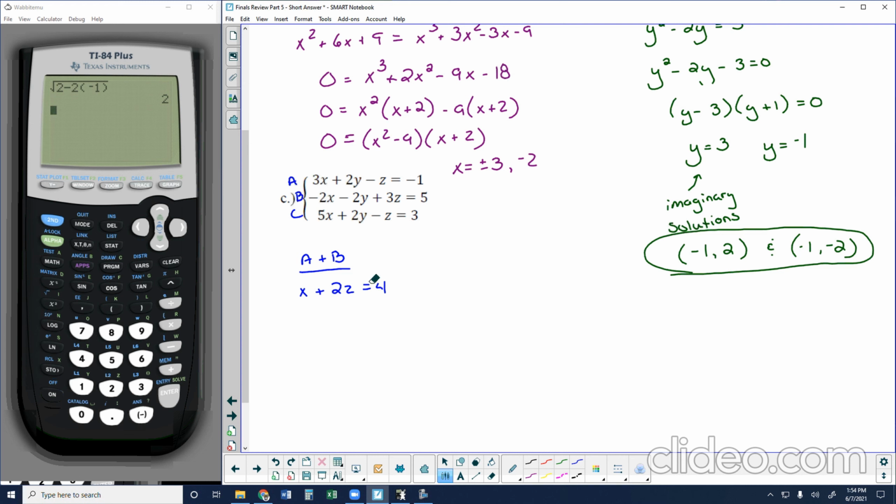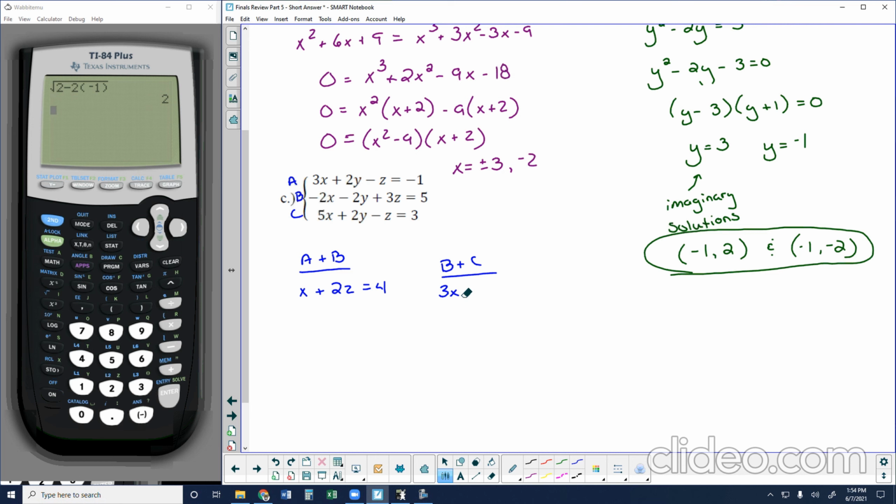So this gives me a 2-variable equation. Now I can't solve this 2-variable equation because I have, again, 2 variables. But I can try to eliminate y. I've already eliminated y once. I can try to eliminate y a secondary way. And I can see I can do that here by adding B to C. B and C, if I add them together, the y values will cancel out. So negative 2x plus 5x, sorry, would be 3x.